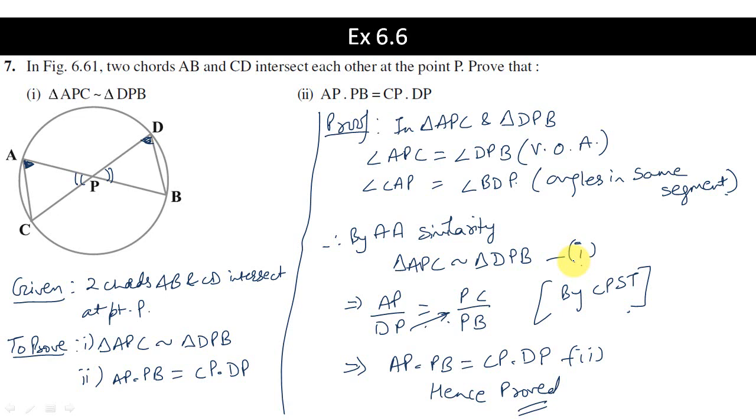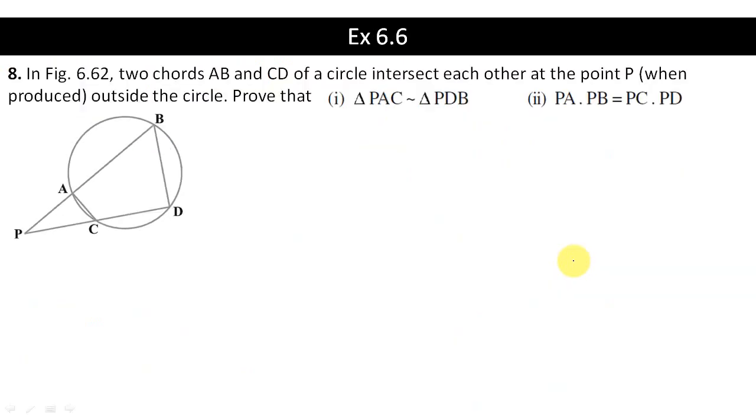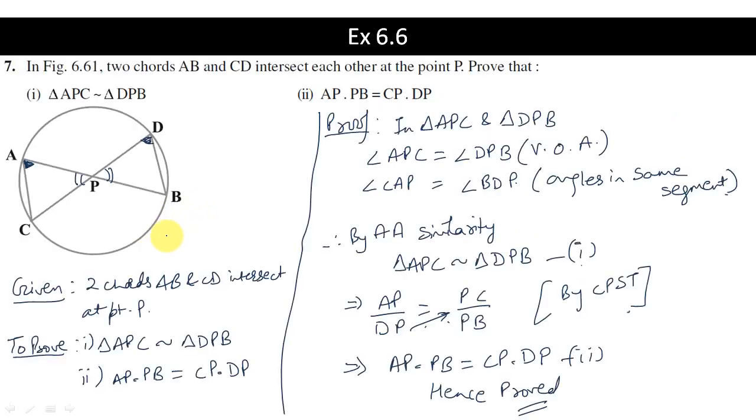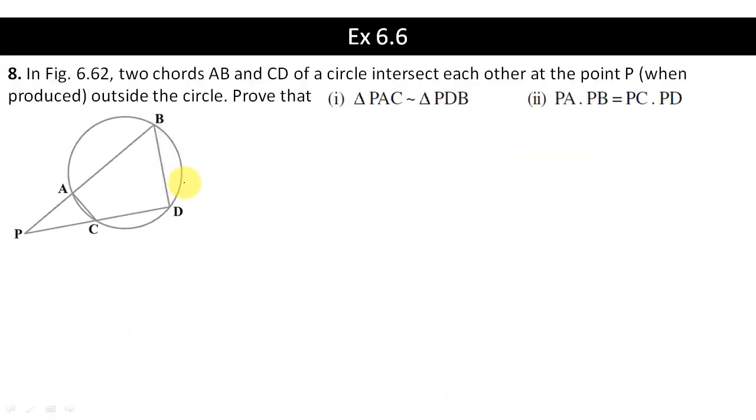Moving on to question number 8. In figure 6.62, two chords AB and CD of a circle intersect each other at point P when produced. So in the previous question, the point P was inside the circle. And in question number 8, point P is outside the circle.